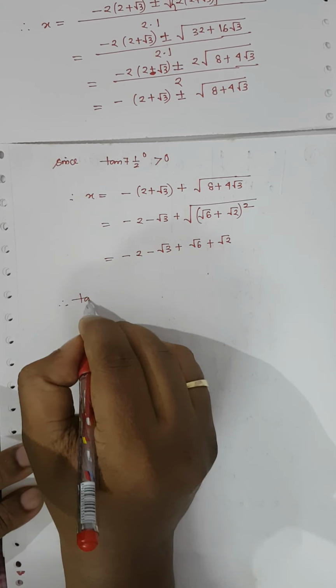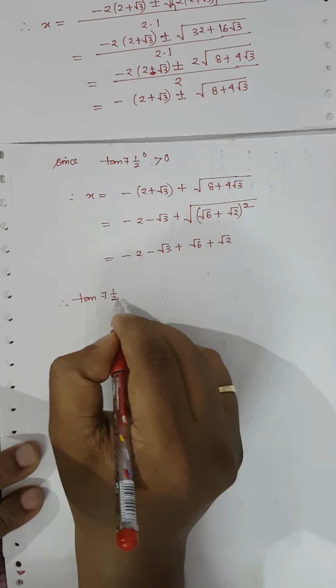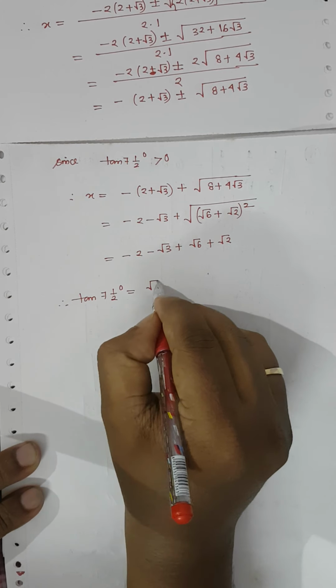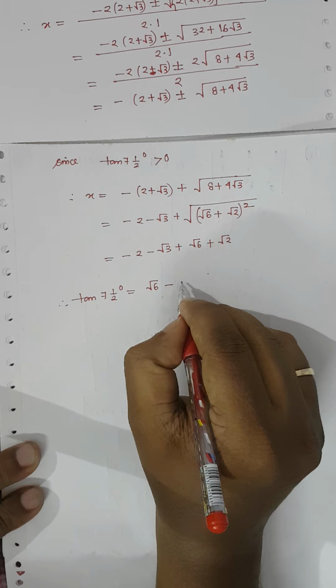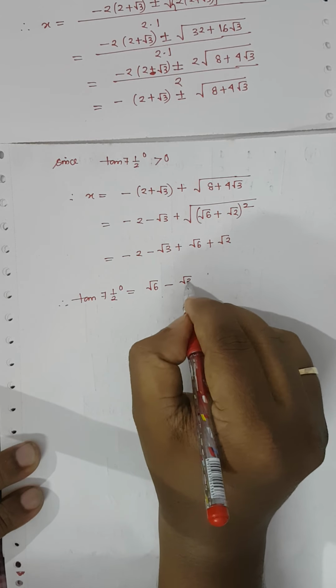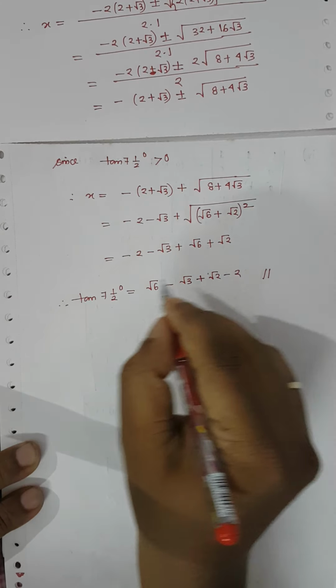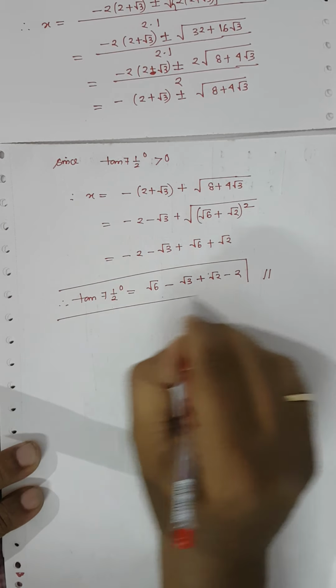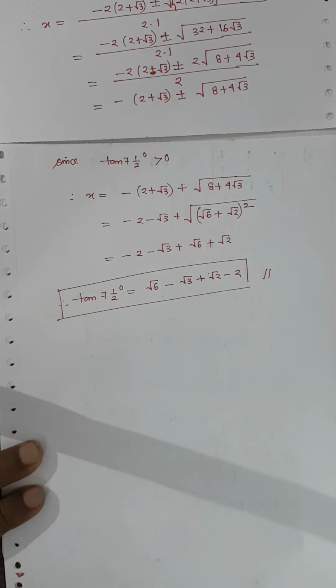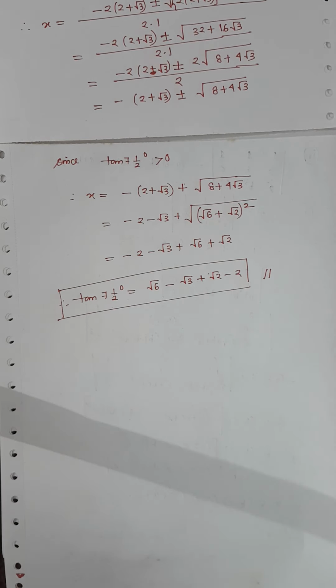Therefore the value of tan 7.5 degree is equal to root 6 minus root 3 plus root 2 minus 2. This is a very good question for board level exams. There is no way to remember the result, but you can use the result of tan 15 degree to solve this problem.